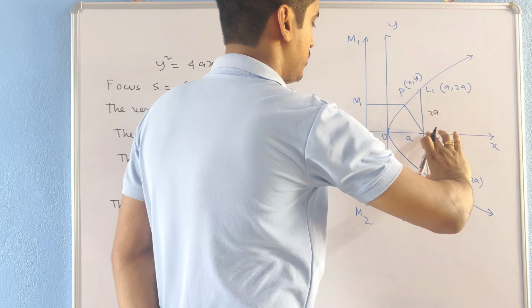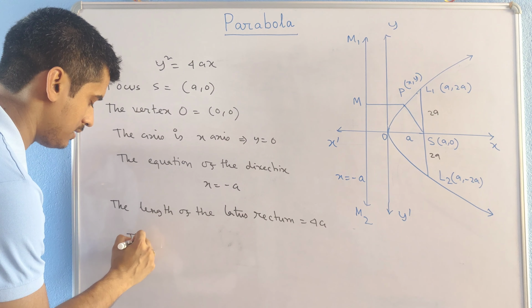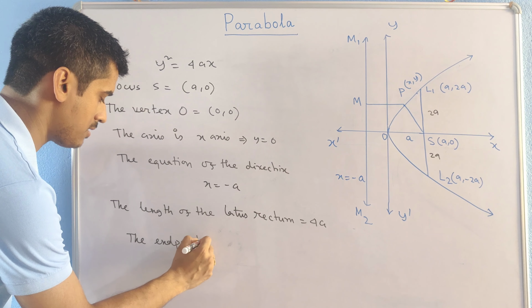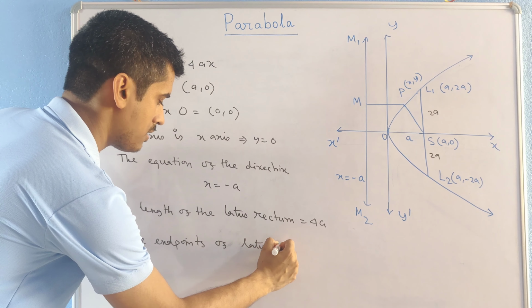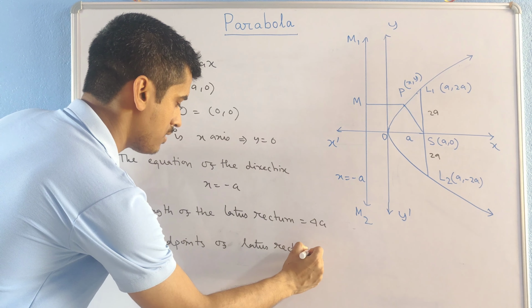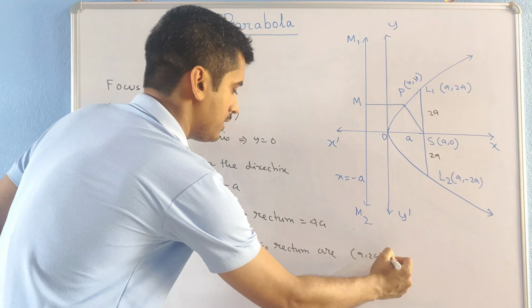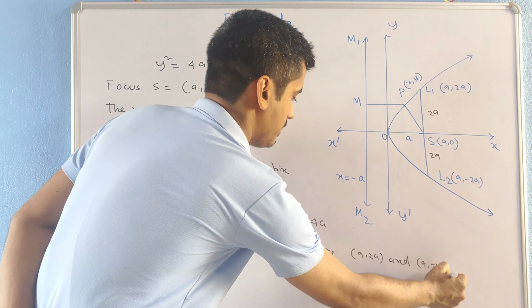It is 2a and it is 2a, total 4a. The end points of the latus rectum are a comma 2a and a comma minus 2a.